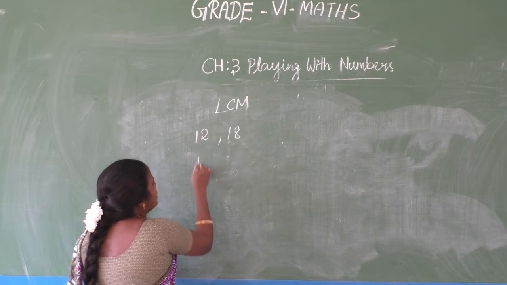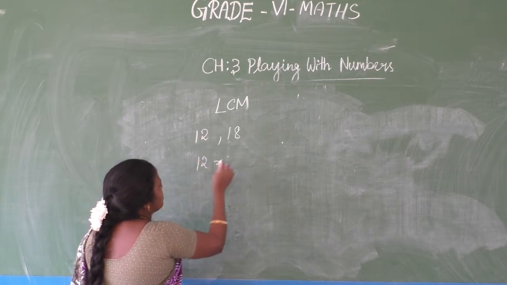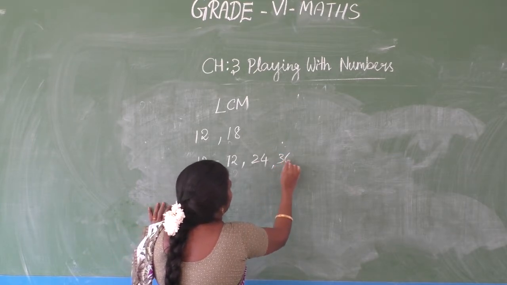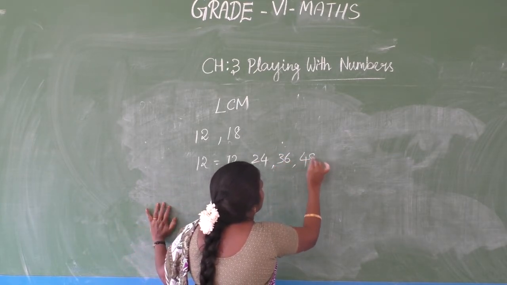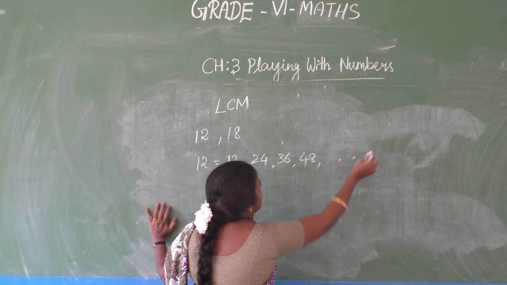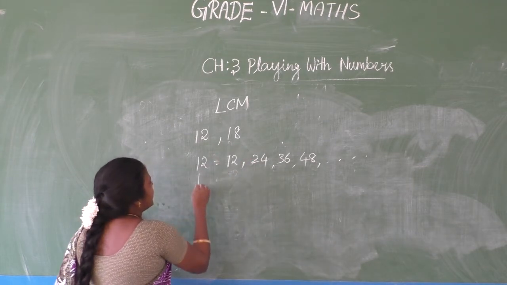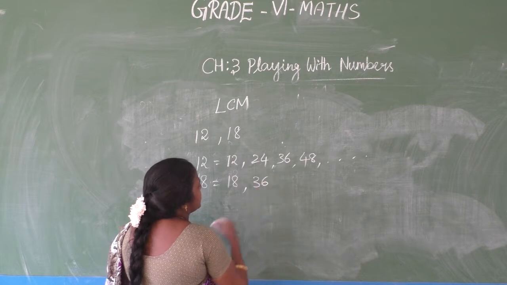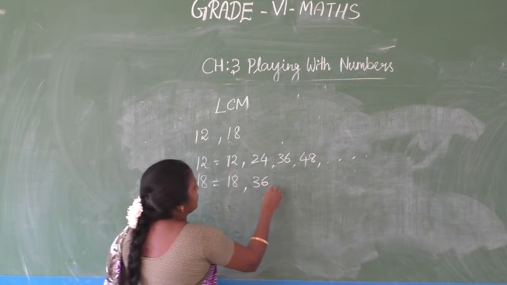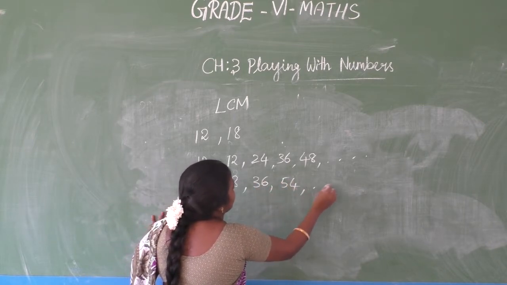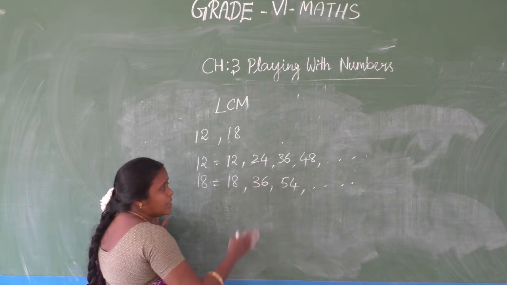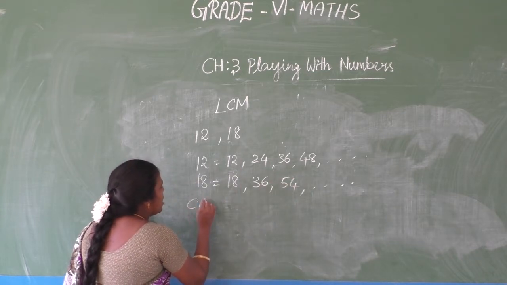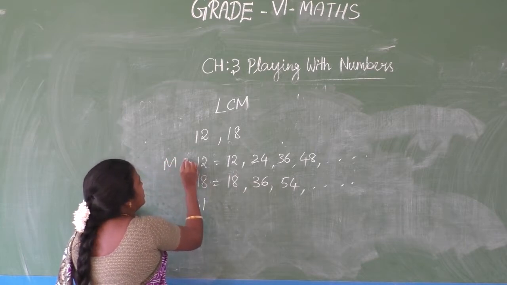Take first 12. Multiples of 12, what comes? 1 12 is 12, 2 12s are 24, 3 12s are 36, 4 12s are 48, etc. Like that. 18: 1 18 is 18, 2 18s are 36, 3 18s are 54, etc. If it goes on, we can't write them to that extent. Clear? Okay.